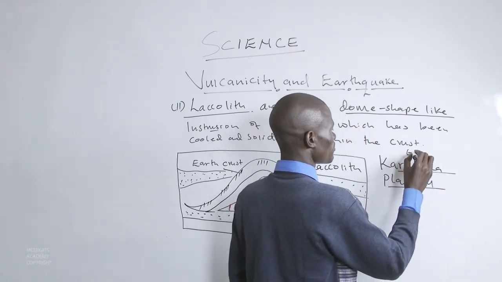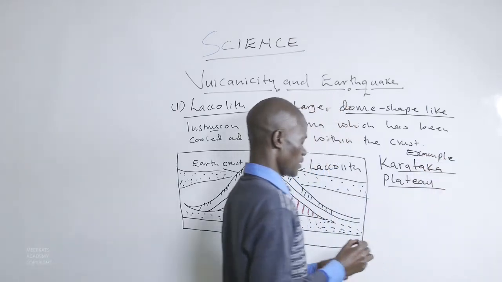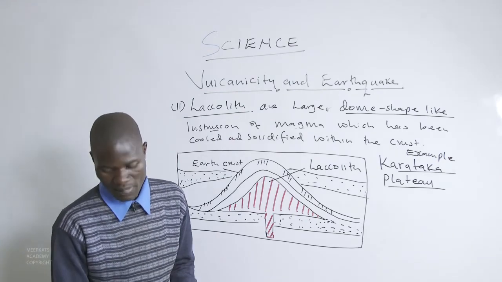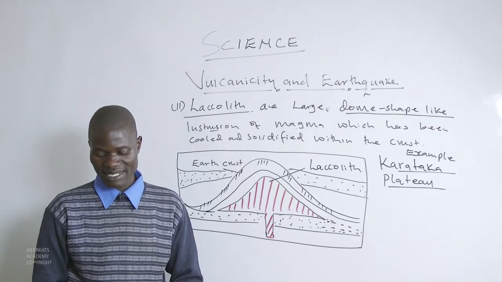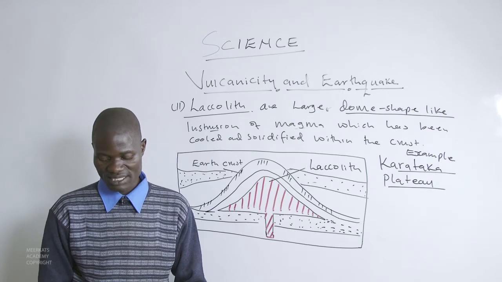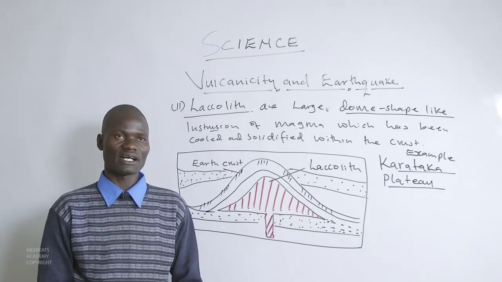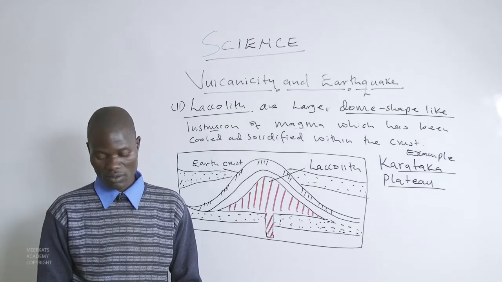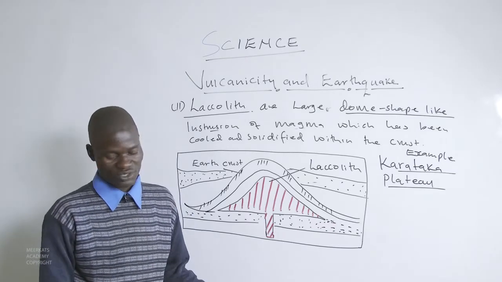This is an example of a Laccolith that I will give. It is found in India. This one leads to the formation of granite upon being exposed on the surface of the earth after the process of weathering and erosion.